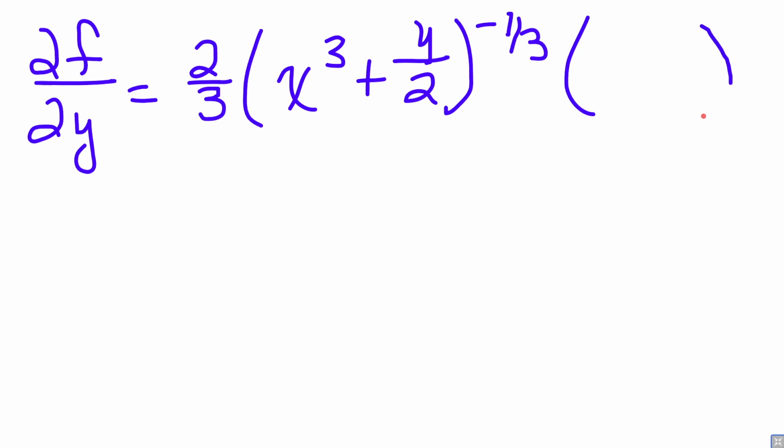Then I have to take the derivative of the inside, so chain rule. It's chain rule in the way we've done it back in Calc 1 and Calc 2, but not the chain rule that we're going to learn in the next section. If I take the derivative of the inside, what will that give me?